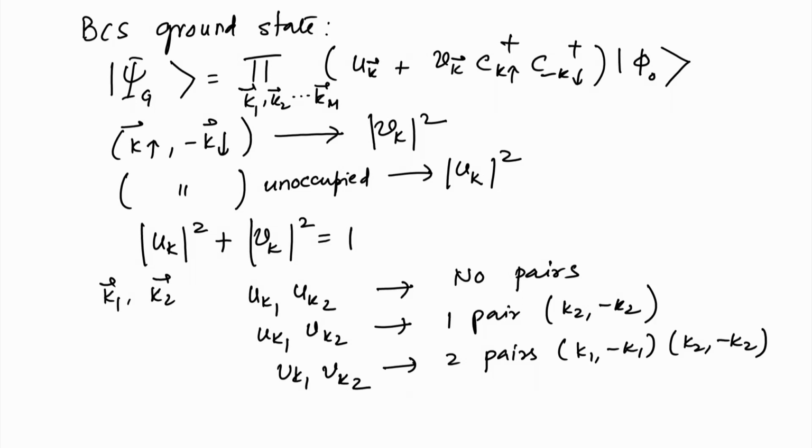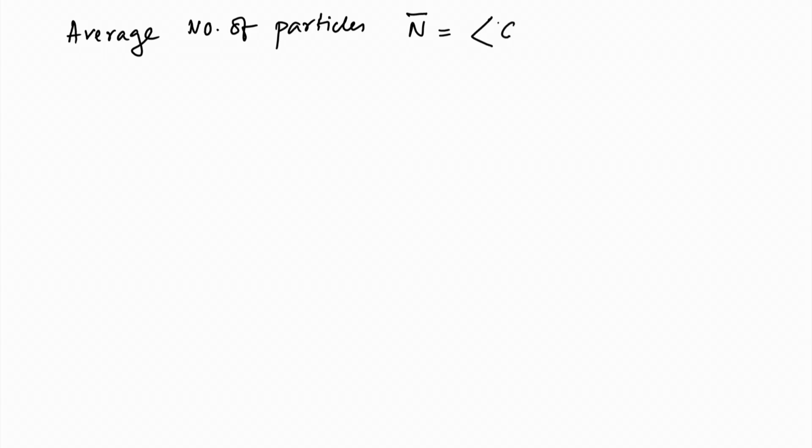So, a pair would be unoccupied with a probability mod u k squared, and a pair would be occupied with a probability mod v k squared. So, the average number of particles, n bar, is equal to the sum over k sigma of n k sigma, which is an operator.